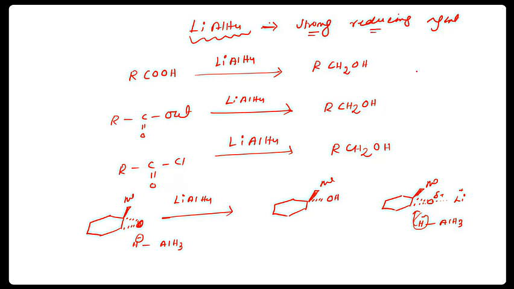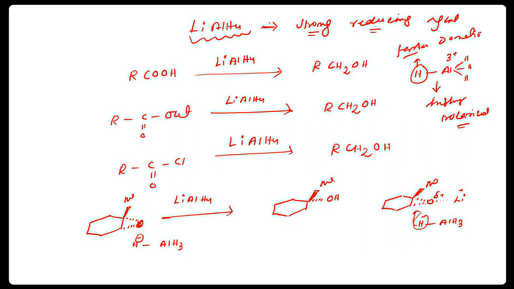The metal hydride bond here, Al being plus 3, means this bond is highly polarized. That's why H must be donated in a much faster way. That's the reason why lithium aluminum hydride is a very strong hydride donor.